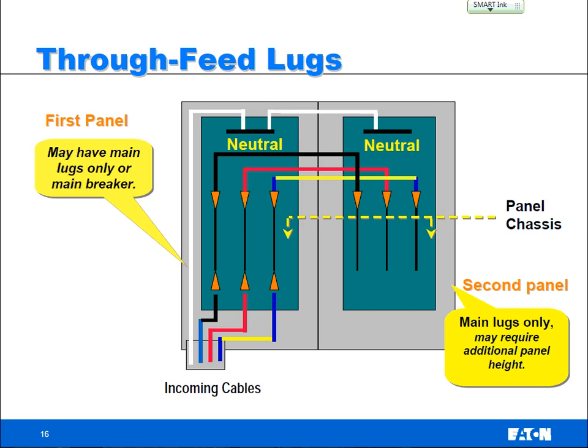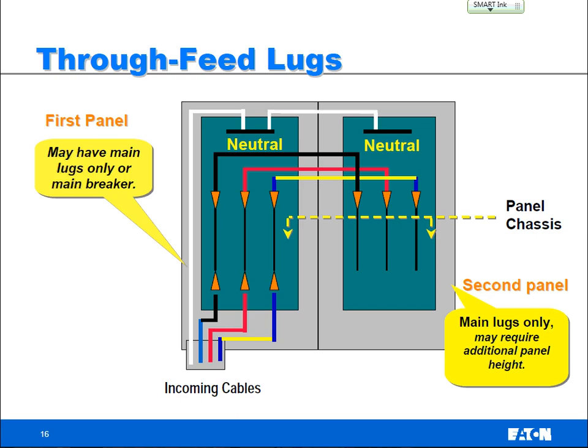In this case, your one set of cables will feed the bus all the way to the other side, where you hook in a second set of cables that jump over to main lugs or main breaker on this side, which feed down to the panel board bus.